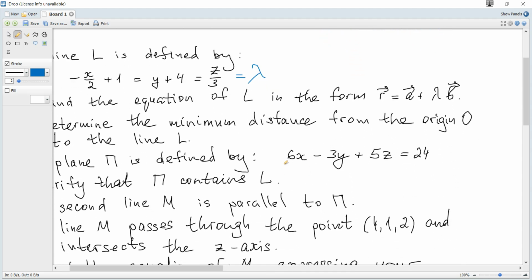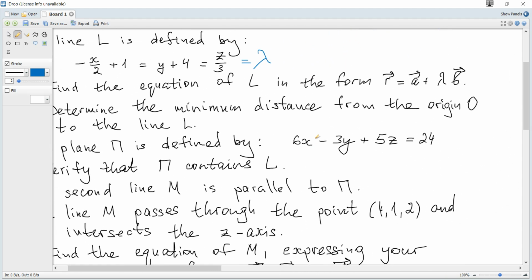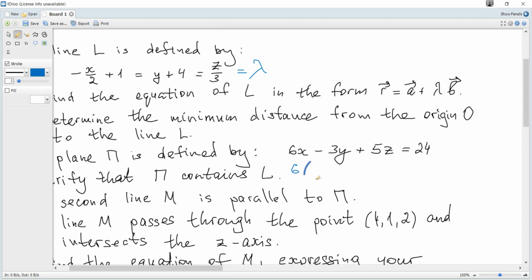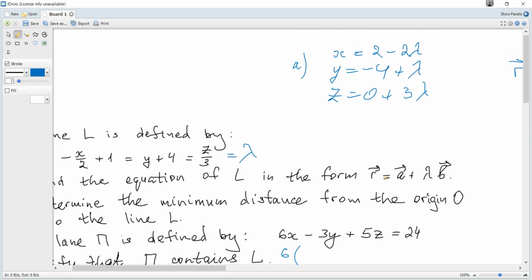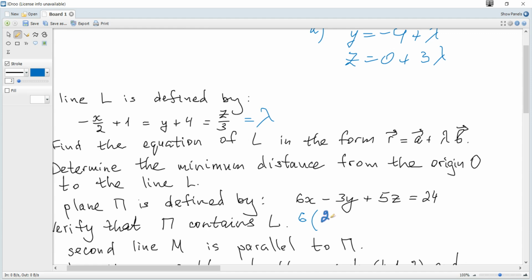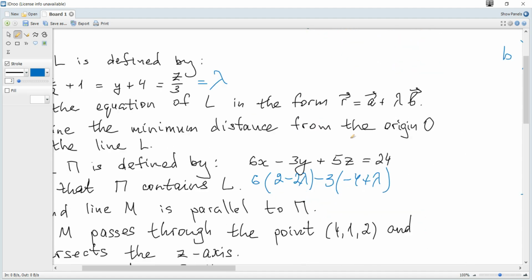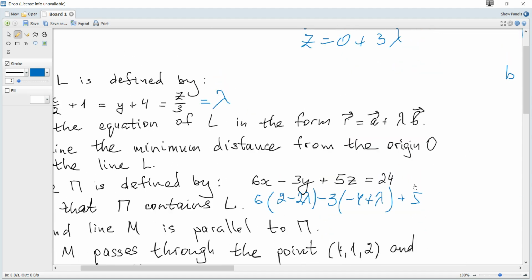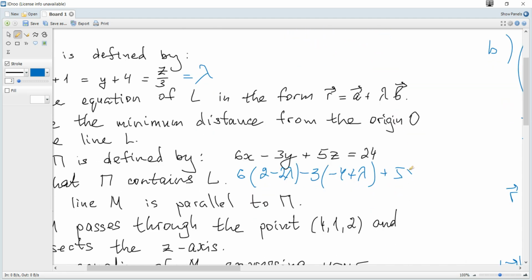So let's substitute for x. It's 2 minus 2 lambda, minus 3 times negative 4 plus lambda, plus 5 times 3 lambda.